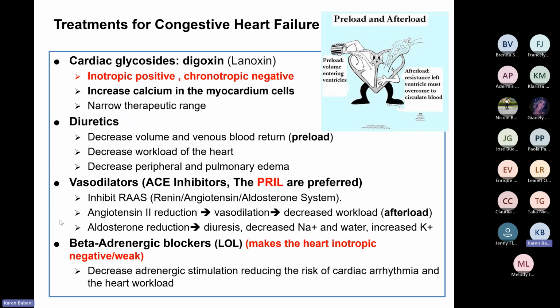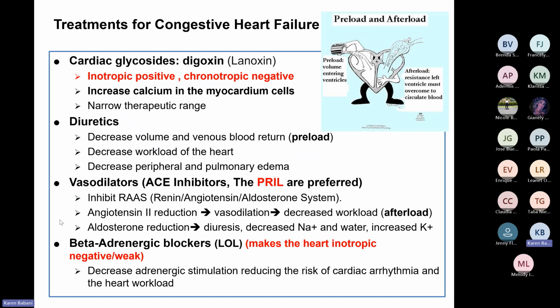Manifestations of left-sided: difficulty breathing, cough, crackles, pink frothy sputum, difficulty or inability to lay down, the paroxysmal nocturnal dyspnea, which I mentioned, they lay down, then they wake up short of breath in the middle of the night, low saturation. I think that's about it, right?